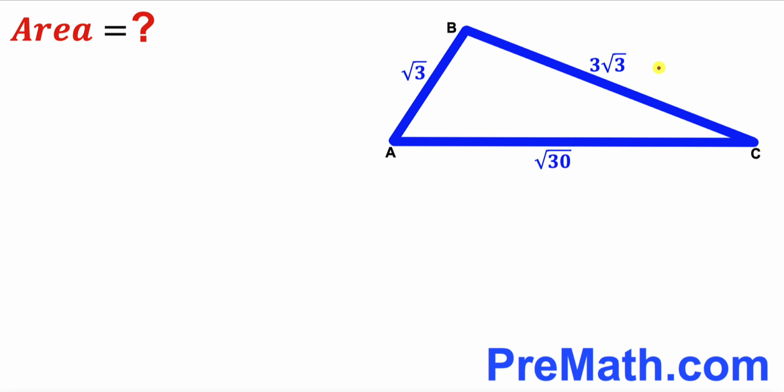If I label this side as lowercase a, this side lowercase b, and this side lowercase c, then our lowercase a value is 3 times square root of 3, lowercase b is square root of 30, and lowercase c is square root of 3.